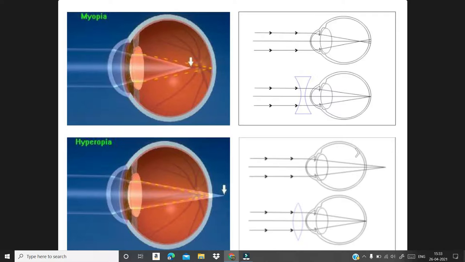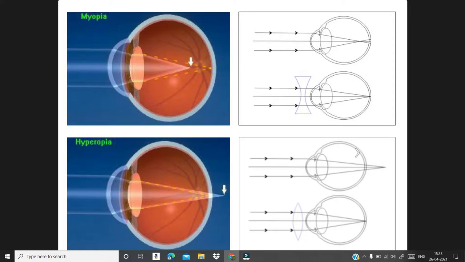So the near point increases. It is corrected by using a convex lens of suitable power. So myopia can be corrected by using a concave lens and hypermetropia can be corrected using a convex lens. So these are two kinds of defects of vision.